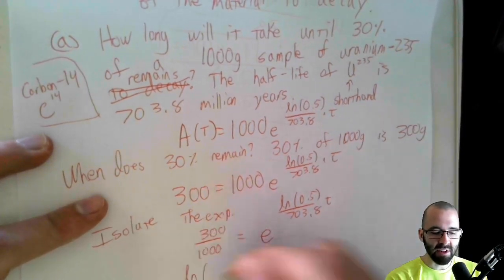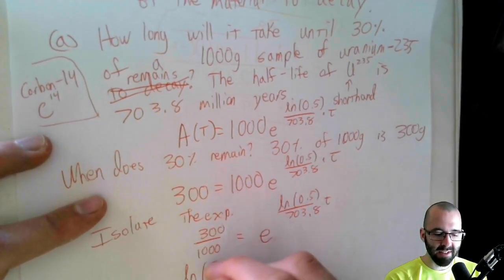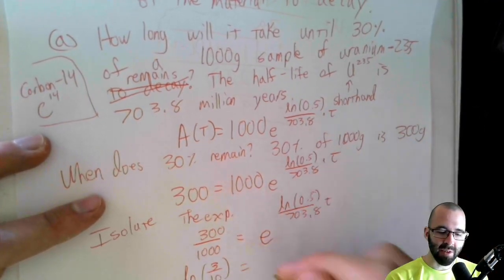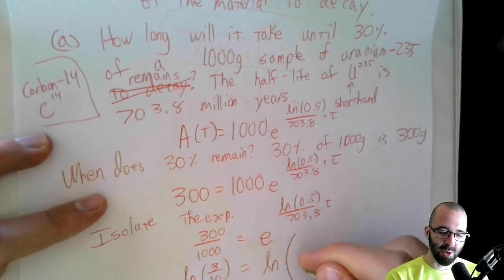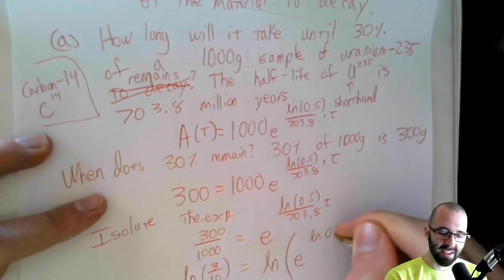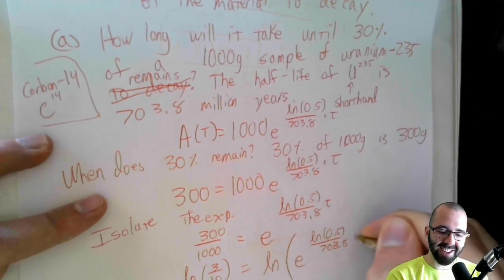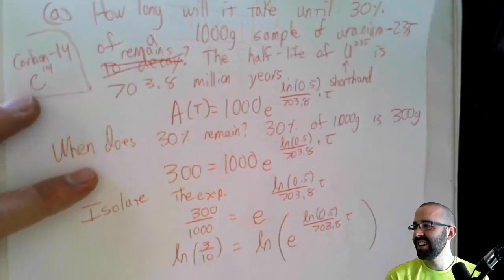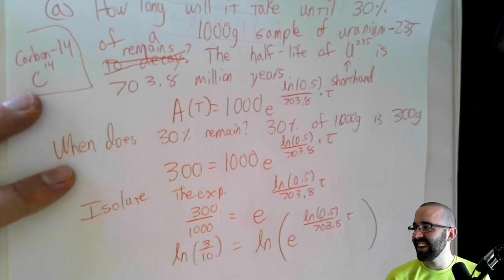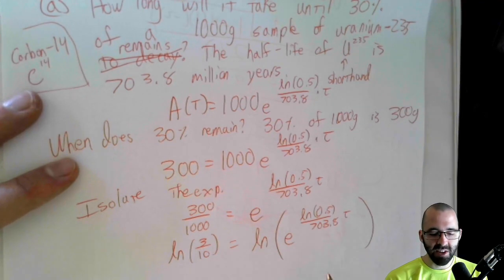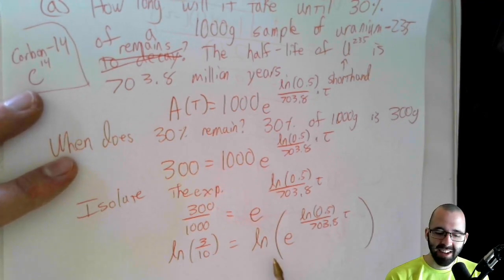So we get the natural log of the left-hand side, which is again just 3/10, equals the natural log of the right-hand side, which is going to be a big thing. But don't worry, it's not that bad. I mean, it's kind of bad, but it's going to get better. Because look at the right-hand side. We have the natural log of e to some power.